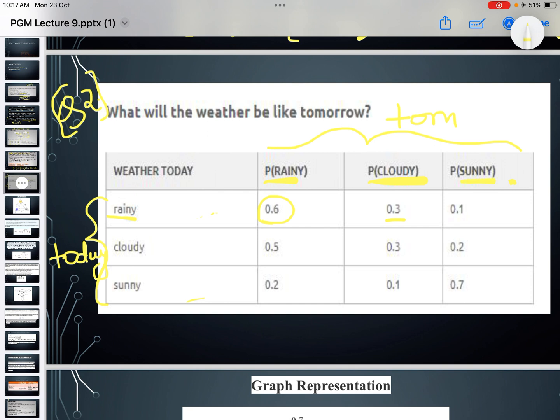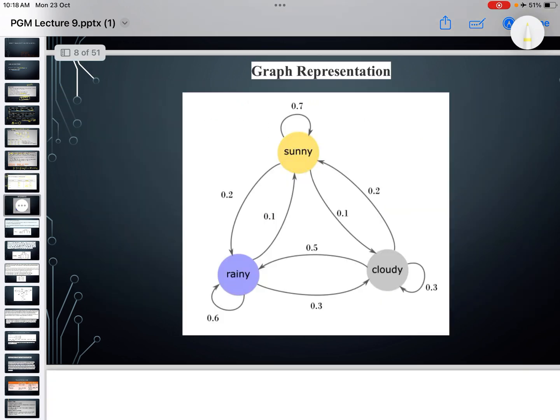Rainy today, tomorrow sunny, 0.1. Cloudy today, rainy tomorrow 0.5, cloudy today, cloudy tomorrow 0.3, cloudy today, sunny tomorrow 0.2, sunny today, rainy tomorrow 0.2, sunny today, cloudy tomorrow 0.1, sunny today, sunny tomorrow 0.7.